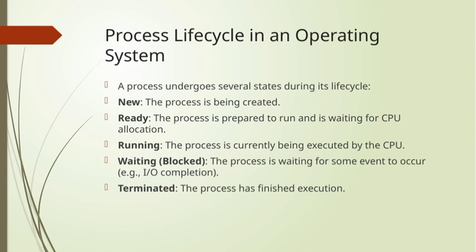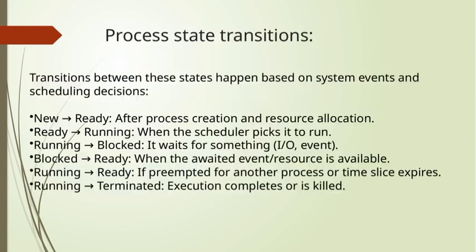Finally, once the process has finished its task, it transitions to the terminated state, indicating that it has completed execution and is now finished. Understanding these states helps us see how an operating system manages multiple processes efficiently, switching between states as needed to optimize overall system performance.